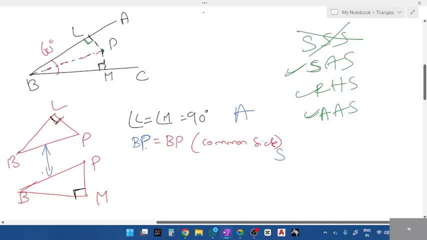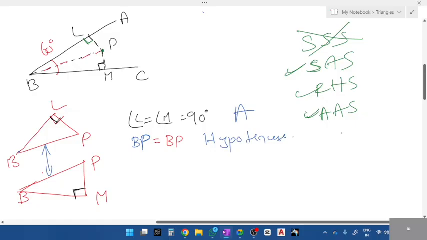Fine. You all told me that BP is common. With respect to the triangle, what is BP, students? Hypotenuse? Very good. So consider this common side. Can I consider it as hypotenuse? How is it hypotenuse?